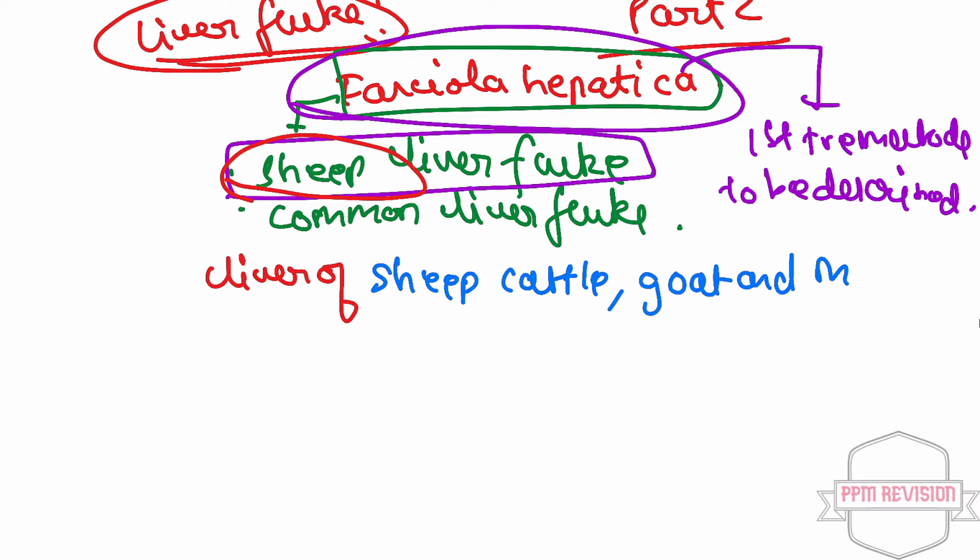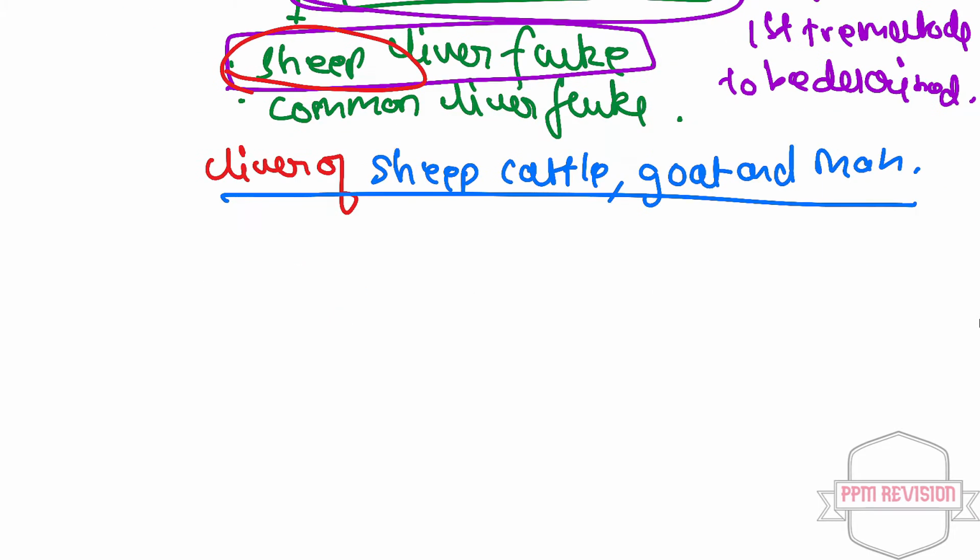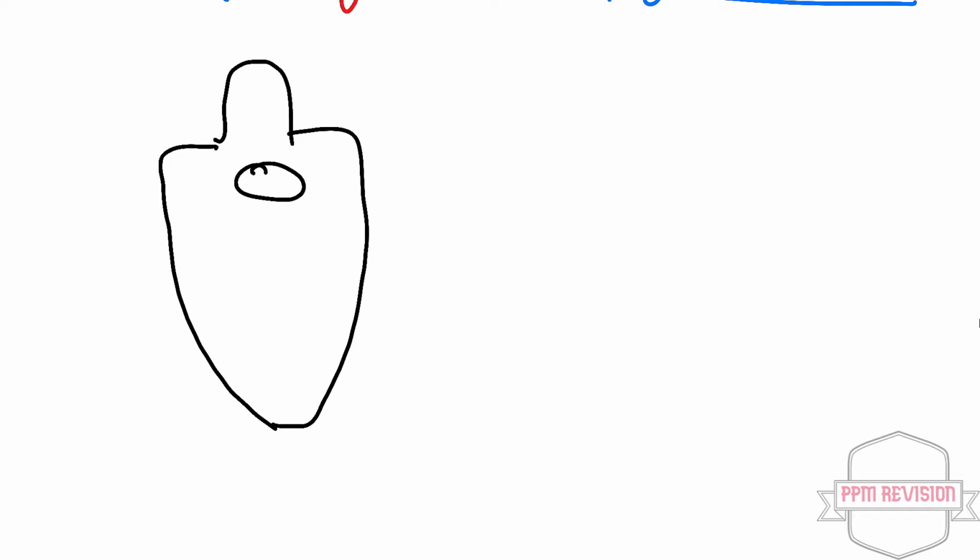So now we'll be looking at some morphology. Firstly, a diagram needs to be known of Fasciola hepatica. This is how it looks. Here there is the ventral sucker that's present. There is presence of ovary as well.